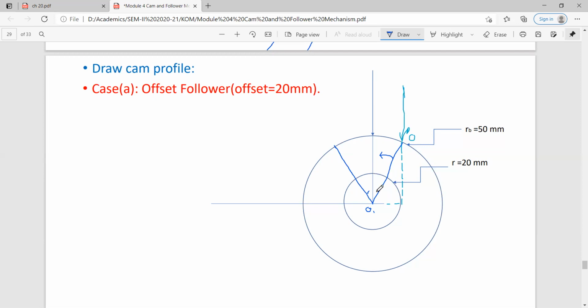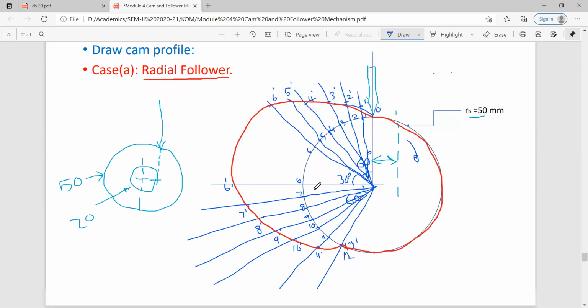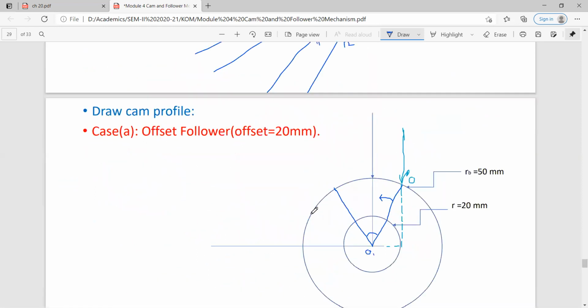First angle. Second angle? That is the first dwell period. The first dwell period is 30 degree. So what you have to do is measure 30 degree ahead from this line. Okay, so this is your 30 degree. Okay, next angle is the angle of return, which is again 60 degree, if you remember.